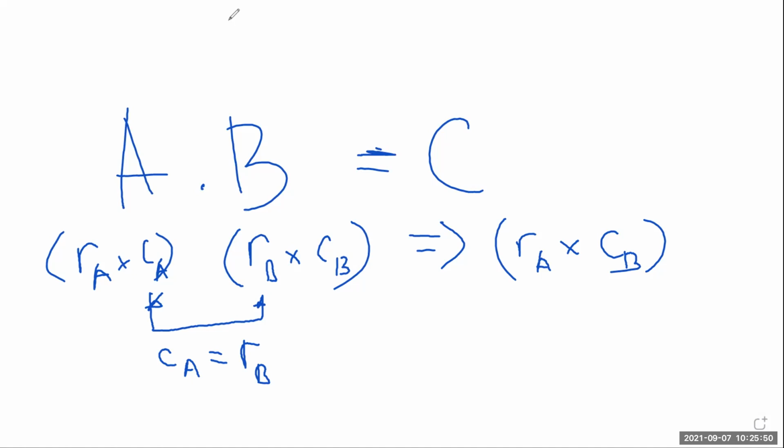When you multiply in Excel, you need to know the matrix size of C, which is row A times column B. The hard requirement is the column of A must be exactly the same as the row of B.